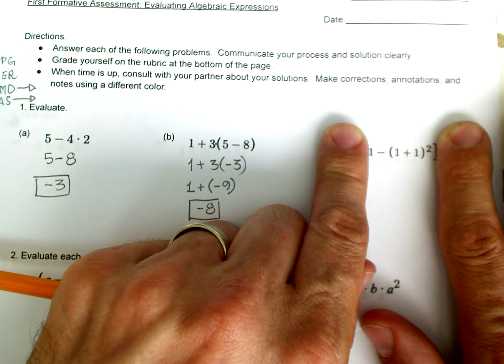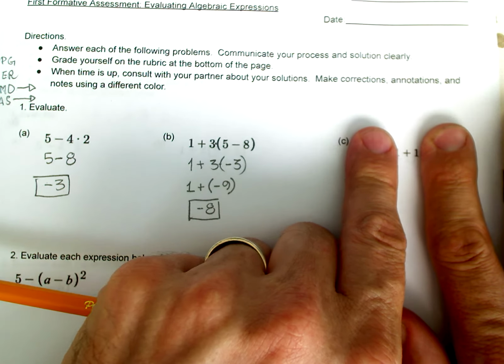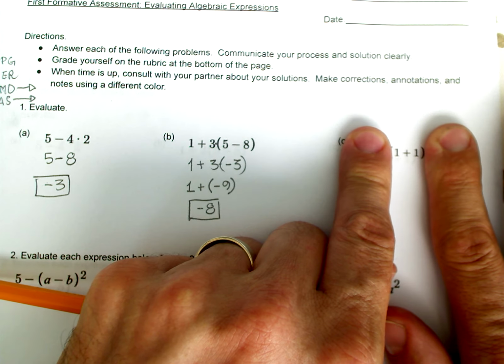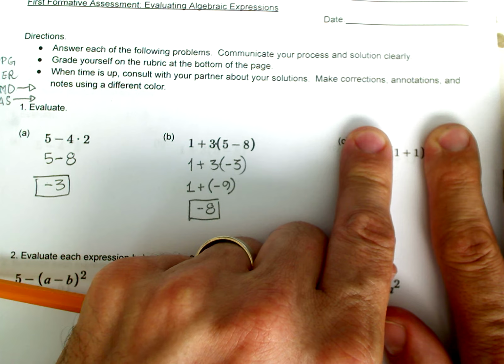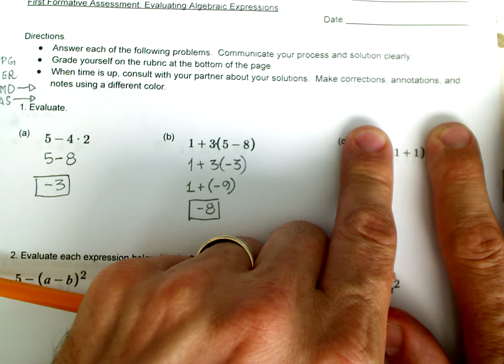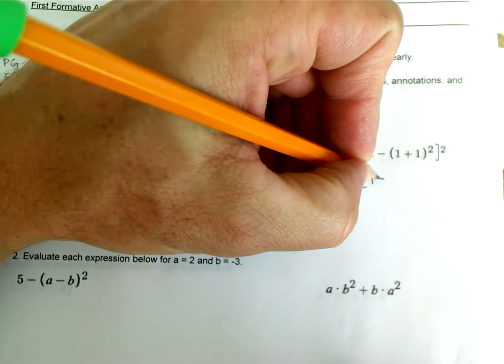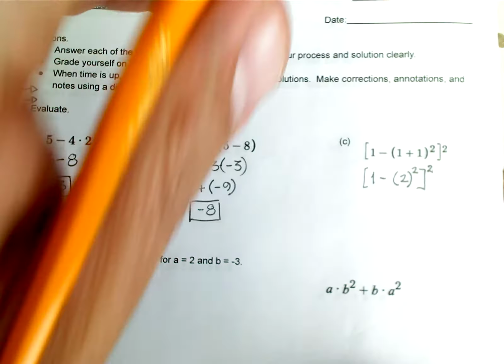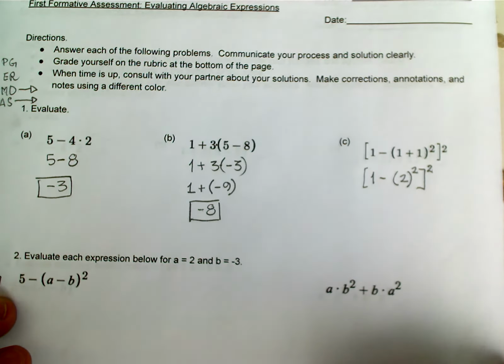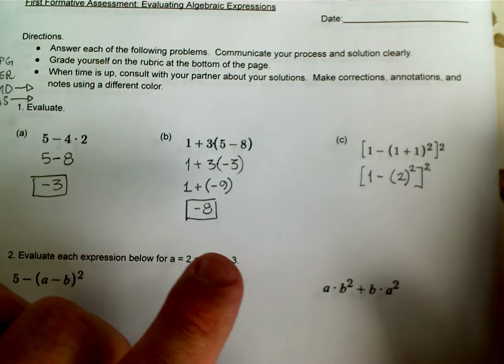And look, I've got more grouping inside. Let me go inside there. And there it is, 1 plus 1. That's my first operation, addition. So let me do that. 1 minus, that's a 2 in there now. Square it, close my bracket, and I'm going to square again. There, it's a little bit simpler.